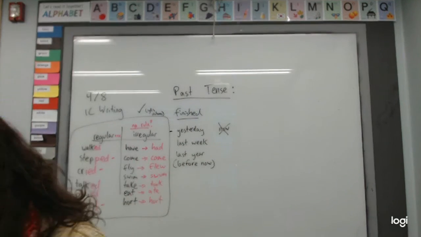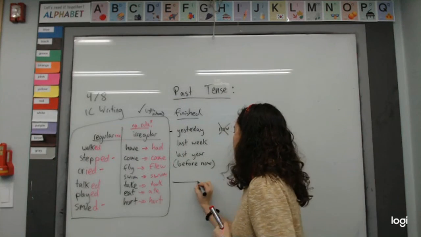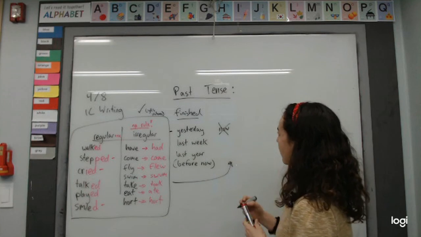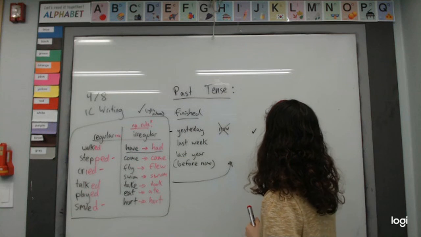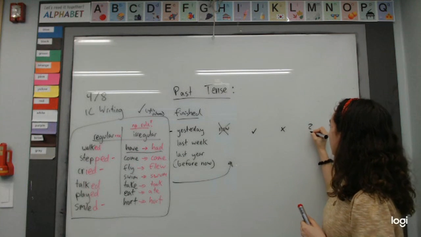What we do instead, let's look over here. When we make past tense, we will use have as an example. So first we have yes sentences, no sentences, and questions.